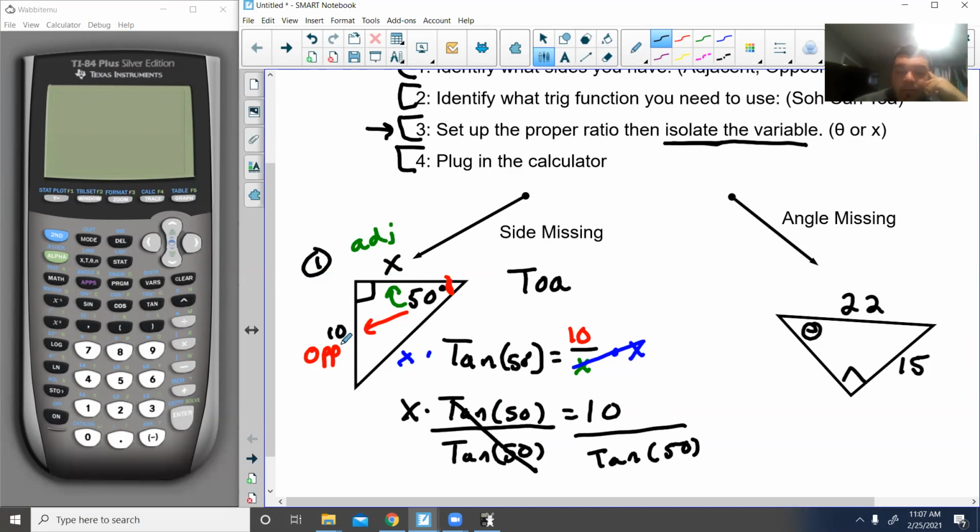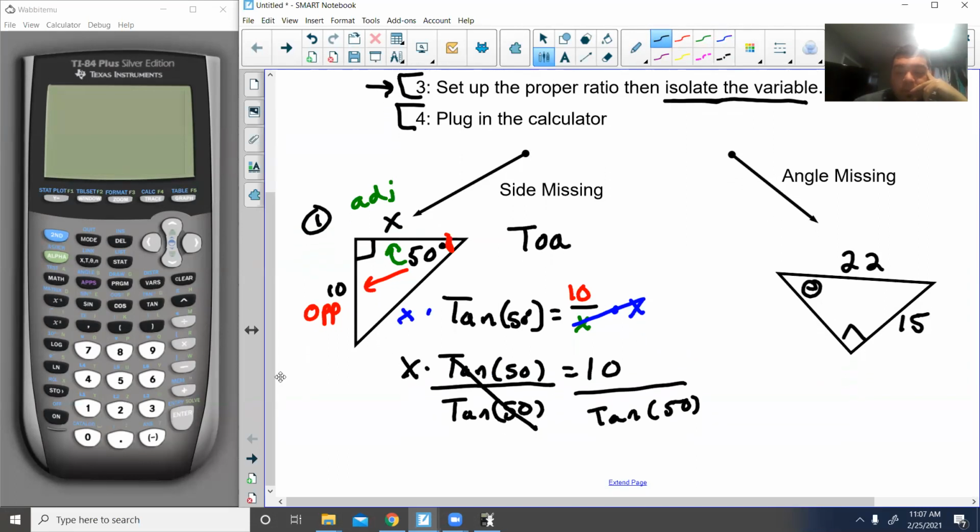Cross these tans out. So then I have x equals 10 over tan 50.